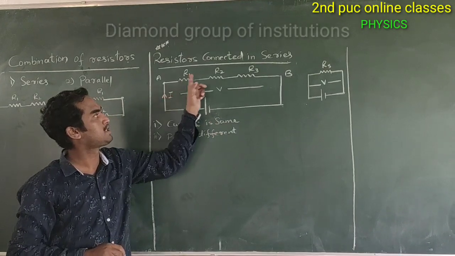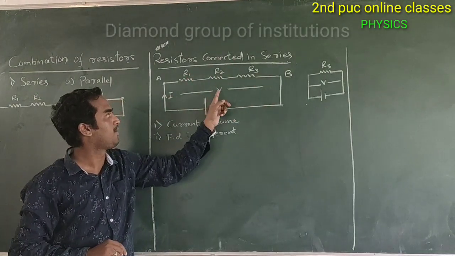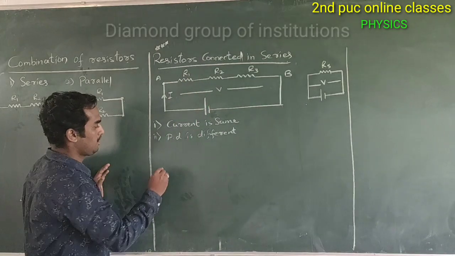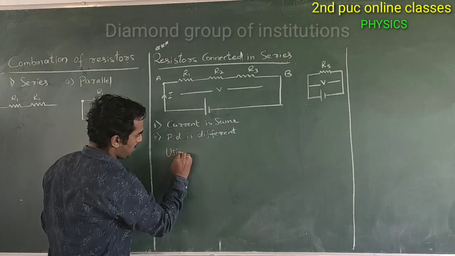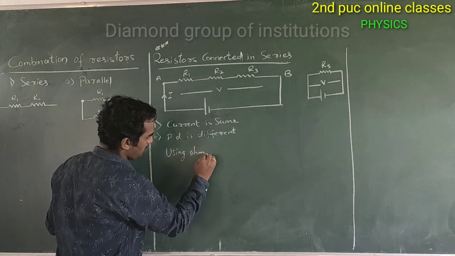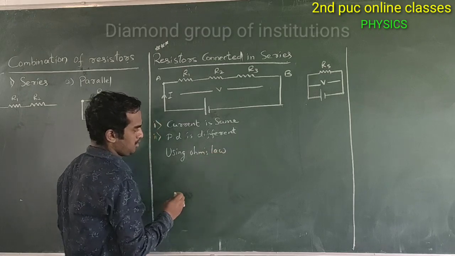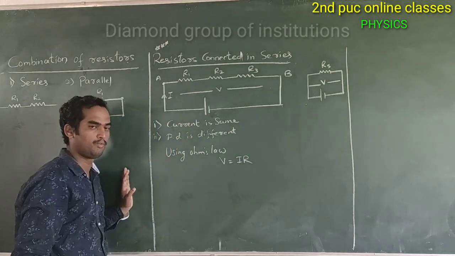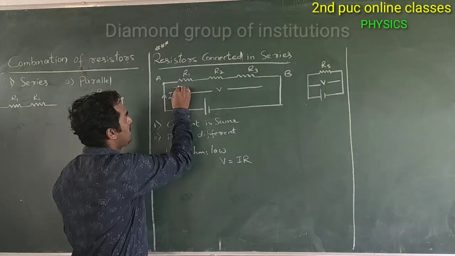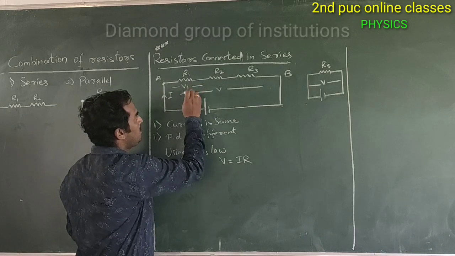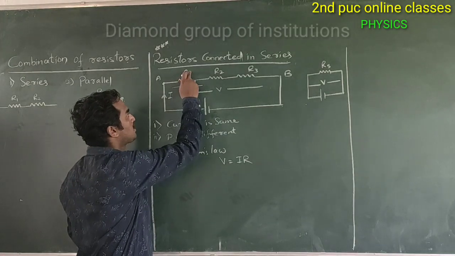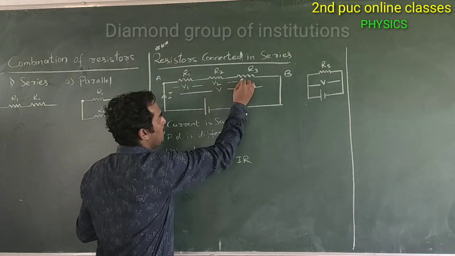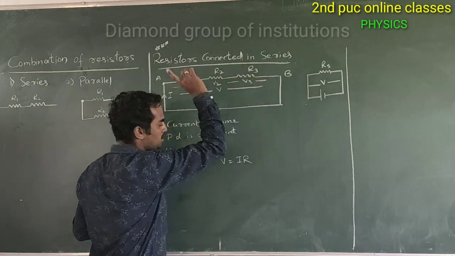That means the current is the same between the points A and B, whereas V is divided into three parts, V1, V2, V3, using Ohm's law. What is the formula of Ohm's law? V equal to I into R. Let V1 be the potential difference across R1, V2 across R2, V3 across R3.